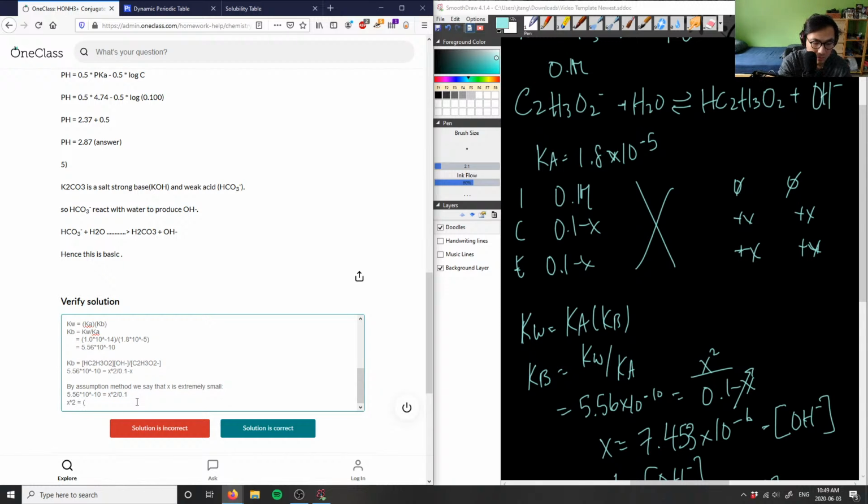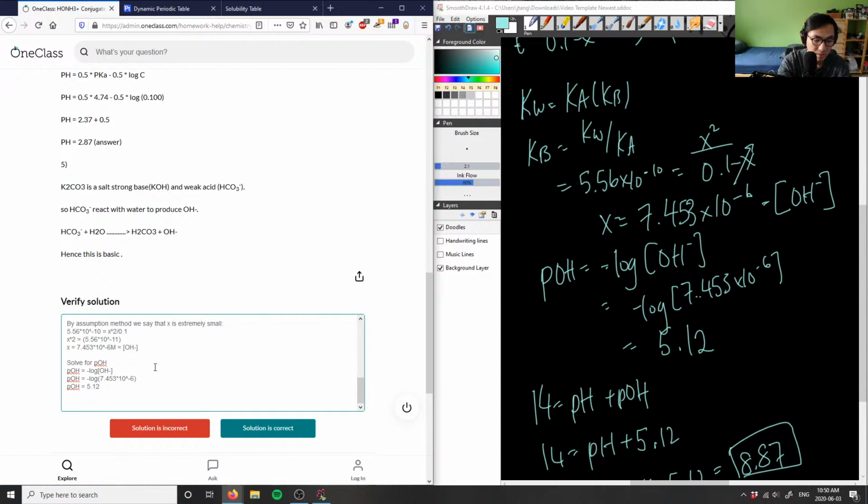X squared is going to equal 5.56 times 10 to the power of negative 11. X is going to equal 7.453 times 10 to the negative 6 molar, which will equal our concentration of our hydroxide. And then to solve for pOH, pOH is going to equal negative log of the hydroxide ions, negative log of 7.453 times 10 to the power of negative 6. pOH is going to equal, I had here, 5.12, and solve for pH.